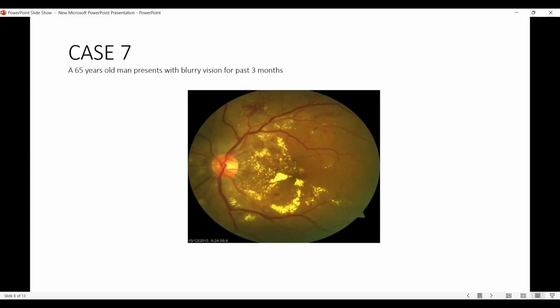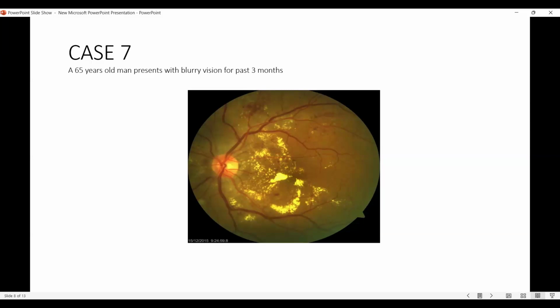There is venous dilatation, and I can see dot and blot hemorrhages in all four quadrants of the retina with hard exudates in a circinate pattern in the inferotemporal quadrant and around the macular region. My diagnosis based on this image would be severe non-proliferative diabetic retinopathy.